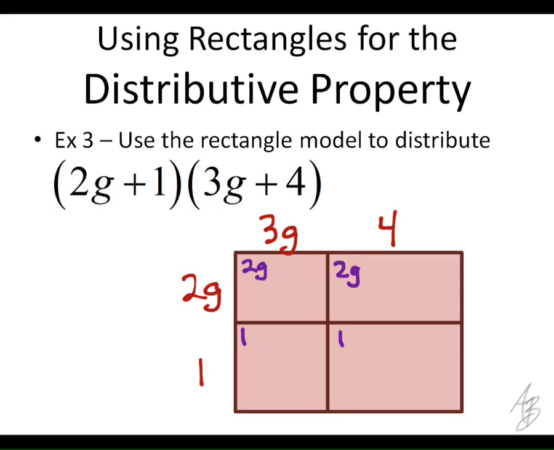And then I'm going to go up to the top, and I've got a 3g here, and I'll have a 3g here. So times 3g, times 3g. And then what am I going to multiply by both of these? The 4, so 2g times 4, that looks like a minus. And 1 times 4.